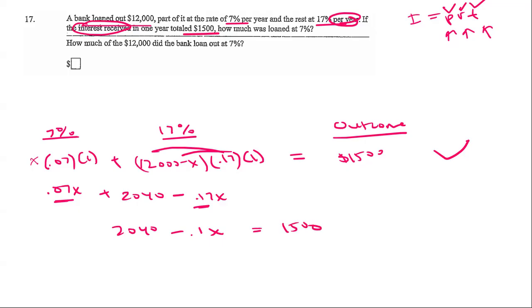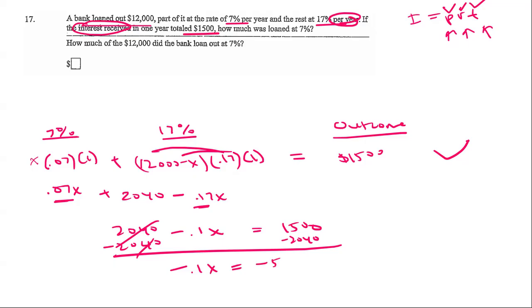Okay. And then we're going to subtract 2040 on each side. We get minus 540. Then divide both sides by negative 0.1. In this case, we get x is equal to 5400.